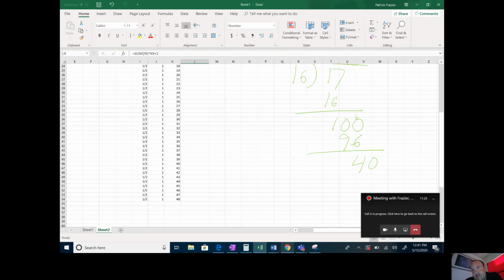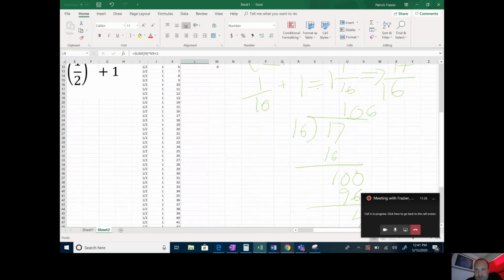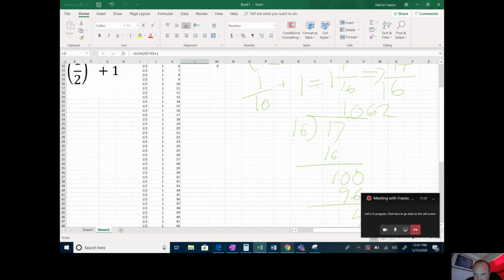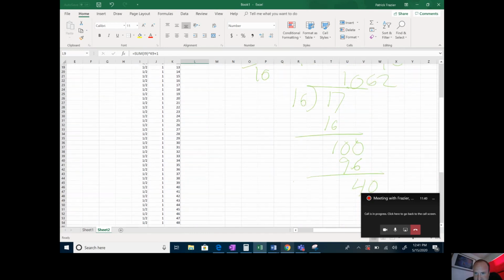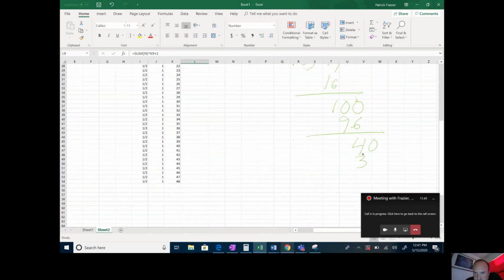How many times does 16 go into 40? Well, 16 times 1 is 16. 16 times 2 is 32. 16 times 3 is 48. So we know it's 2, not 3. So 16 times 2 is 32. And then 40 minus 32 is 8, because 32 plus 8 is 40.